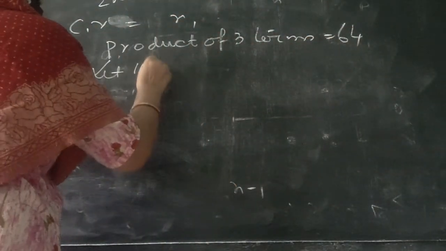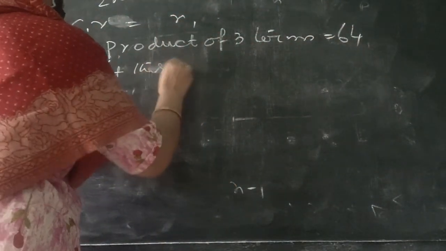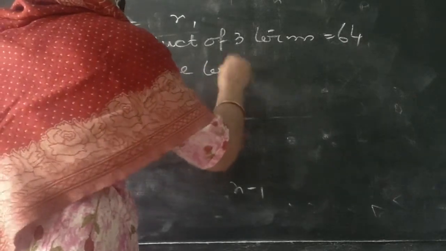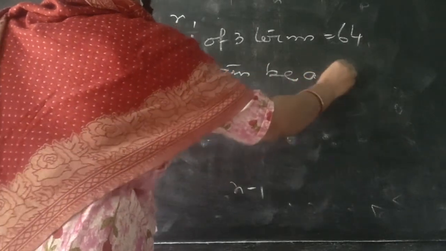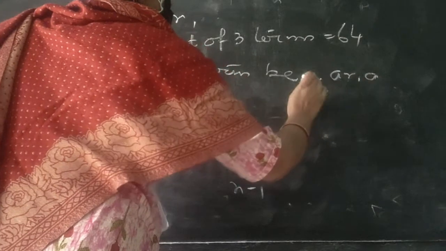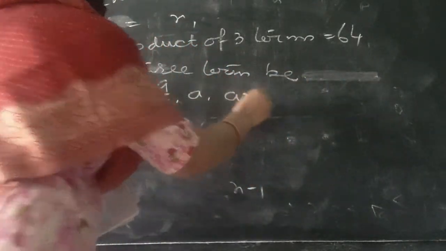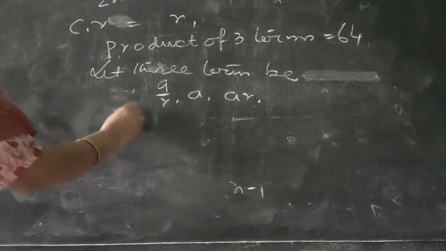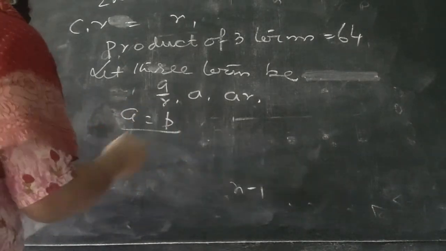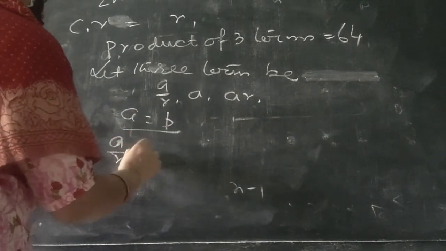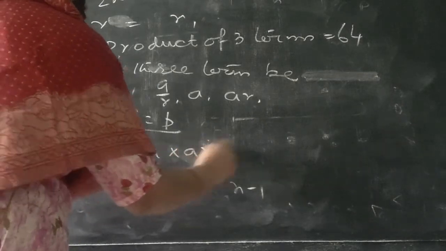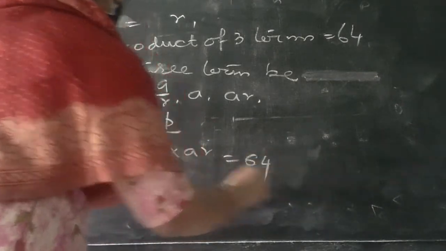Let three terms be A by R, A and AR. Here A equals B, and A by R into A into AR equals 64.